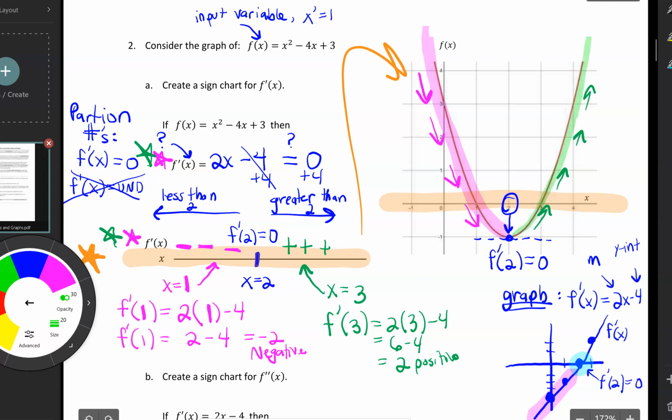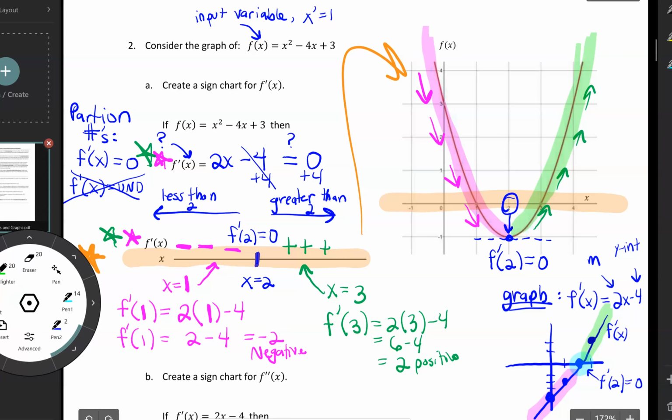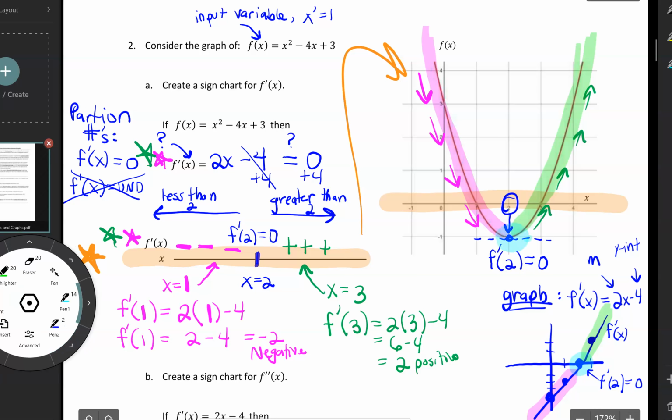And positive rates of change on the original graph are connecting to positive outputs on the derivative graph. So we're going to start working our way up to making these connections a little bit stronger, but I thought I would trickle it in here since we can kind of visualize what a linear derivative would look like. It's a line. We're going to start making these connections between graphs. So reading our graphs really slowly, but we'll work our way up to that.